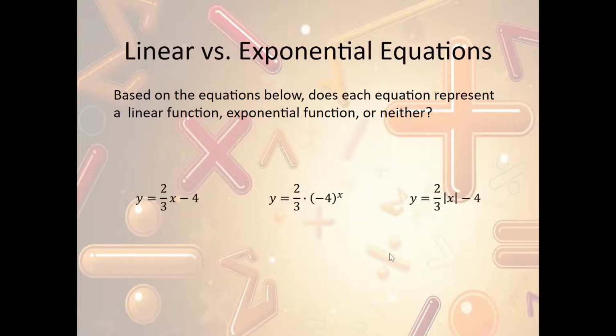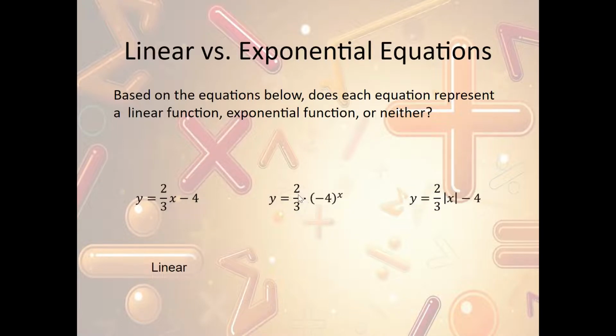Now looking at the equations, we have y equals 2/3 x minus 4. Well, both of them have a power of 1, and we have both the x and y, so that one we said was linear. It also looks like y equals mx plus b, so we know it's linear. Now this one is y equals 2/3 times -4 to the x power.